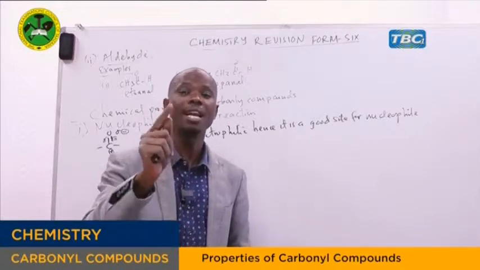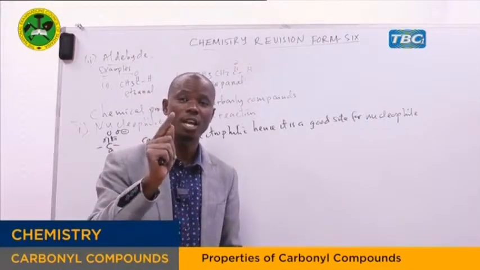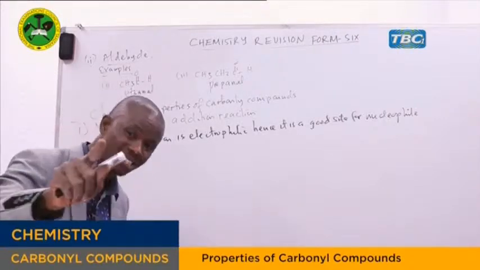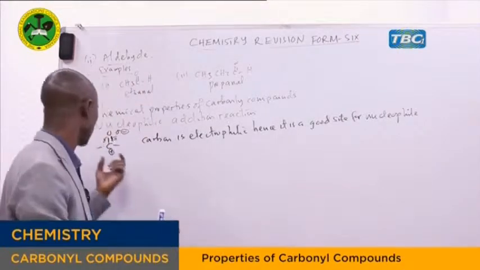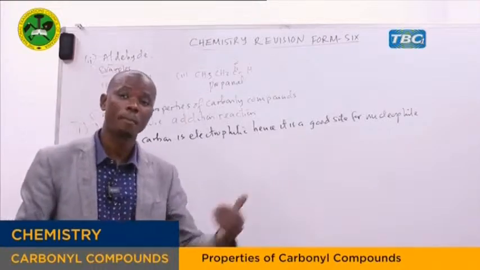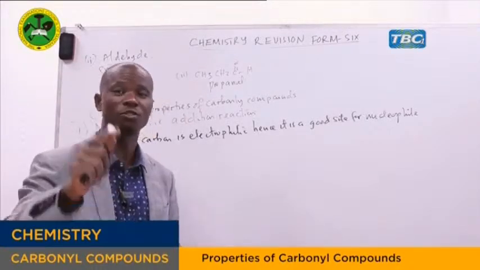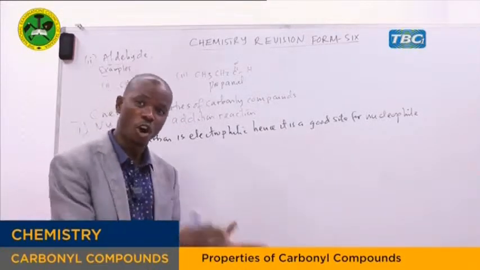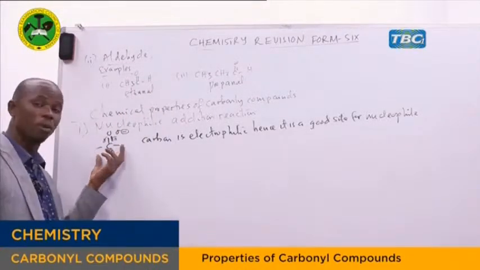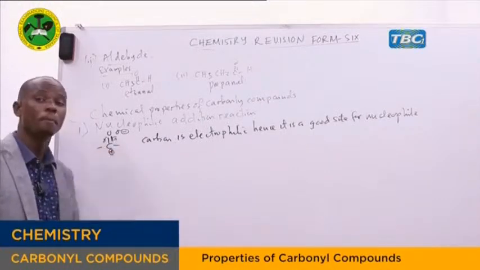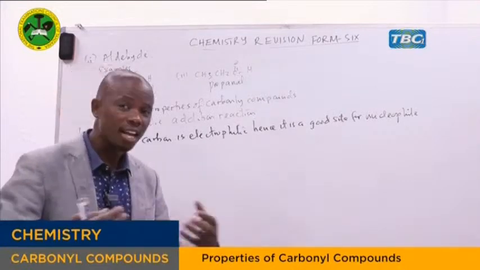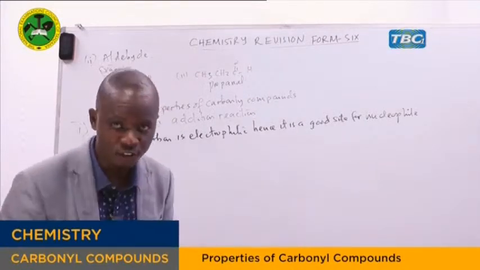So this one will be less reactive, because the electrophilic carbon will be made less reactive. Therefore, higher members of aldehydes will be less reactive towards nucleophilic addition reaction. Lower members of aldehydes will be more reactive because they experience a less positive inductive effect.